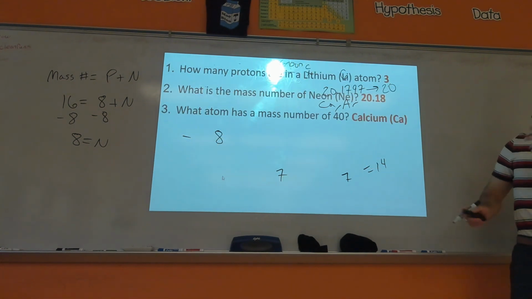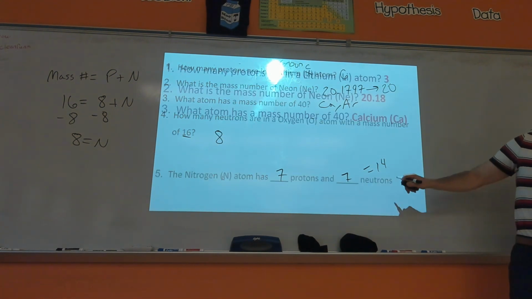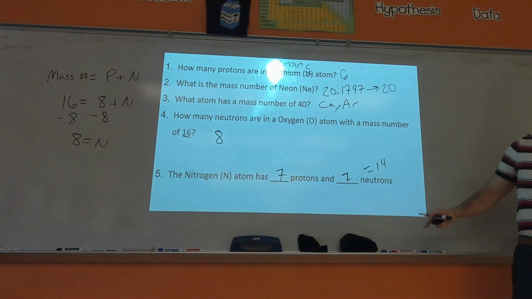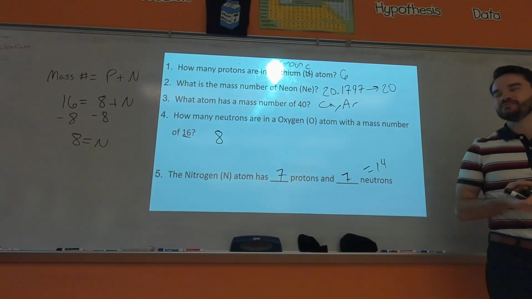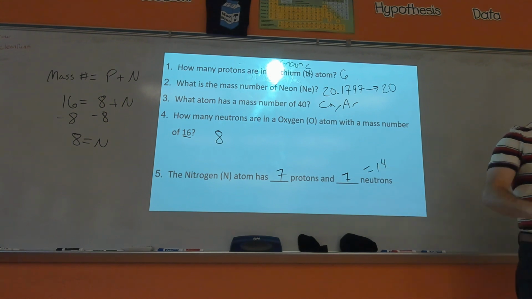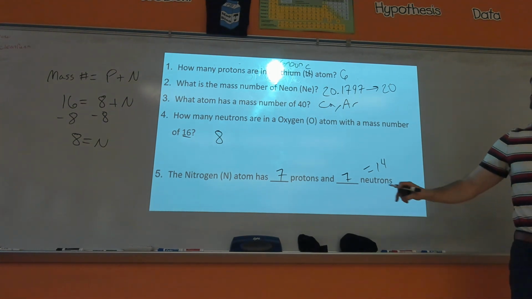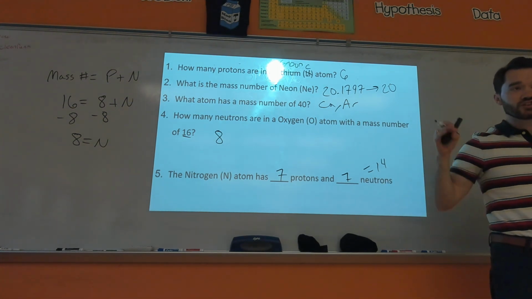If you were absent or something, I do have the answers written on the next slide, so keep that in mind. But I felt it's a little more engaging if I write on the board. Protons and neutrons, you ask if they're the same? When you're talking about the mass, they contribute the same amount.